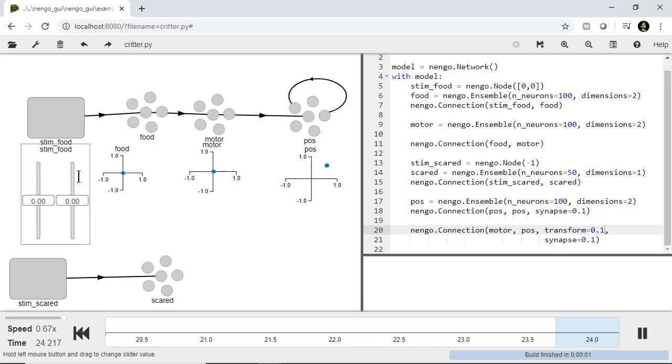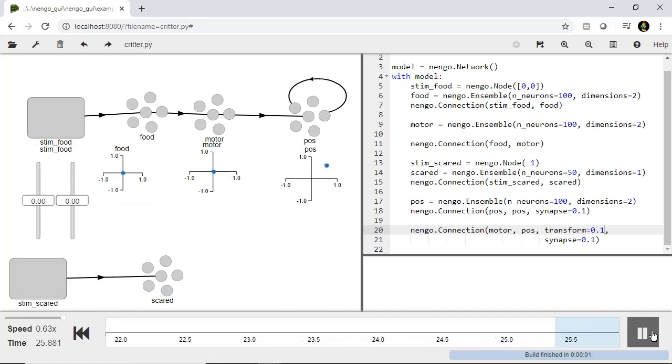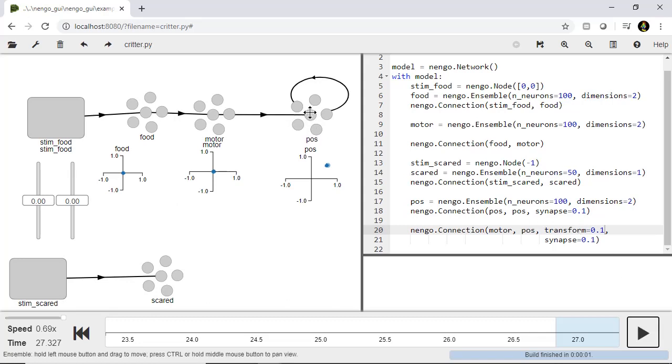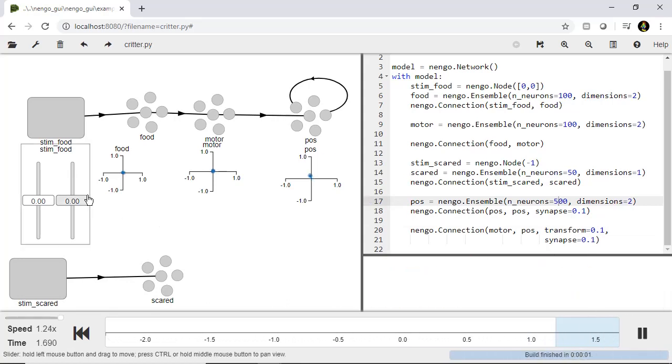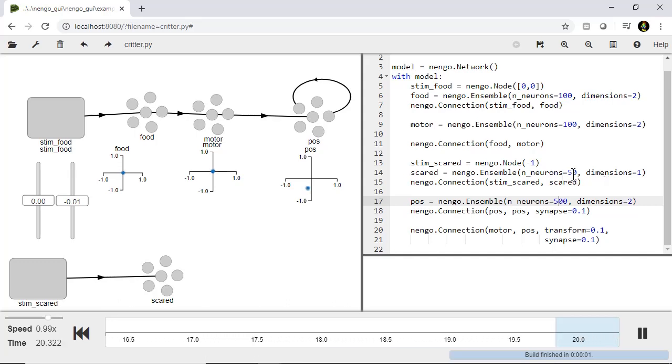If we want to improve that, the easiest way is to use more neurons in that integrator. So, 500 neurons. We might also want to increase the number of neurons in the motor population because that's what's giving the input to the integrator. So sure, let's give a few more of those.